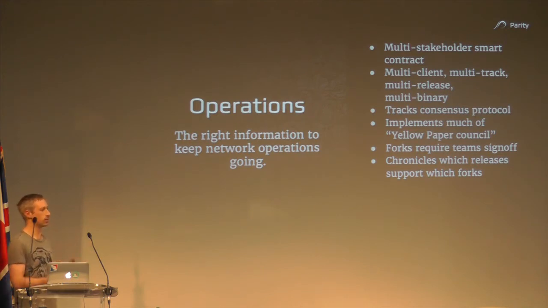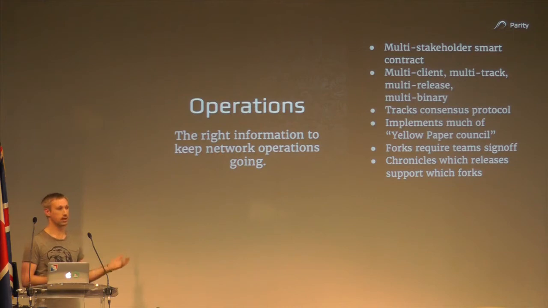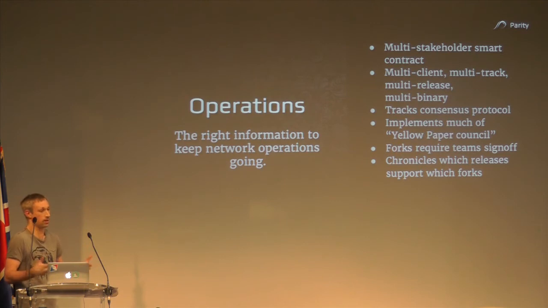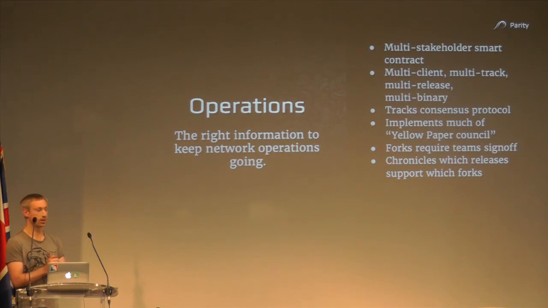It's also given a block number, so it knows when this fork will take effect, and the client releases have to specify which fork they support, which means now auto-update contracts can determine whether the client that is currently running, i.e. themselves, is able to support a particular version of the protocol. And then they can also determine which is the lowest release on their track which can support the current fork of the network, update to that, and restart themselves automatically, and hey presto, you've got a network which can automatically move forward in consensus.